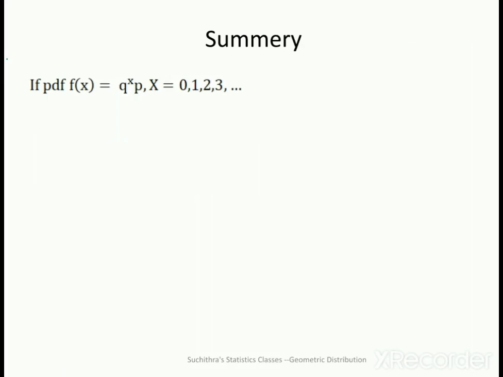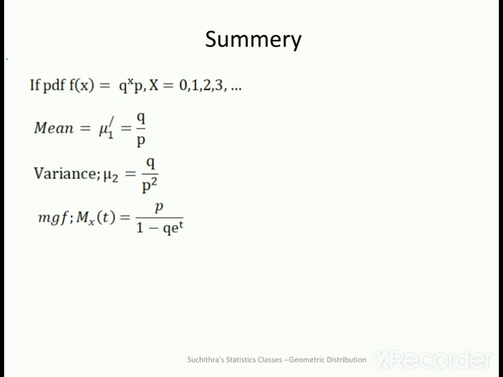Now let us summarize what we have studied today. If PDF is f of x equal to q raised to x p, then mean equal to q by p, variance equal to q by p square, and moment generating function equal to p by (1 minus q e raised to t).